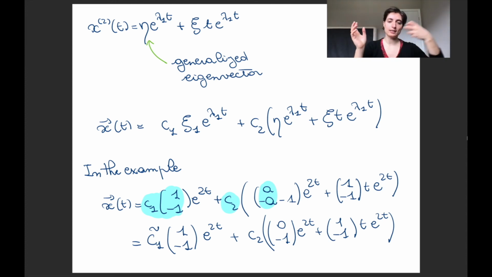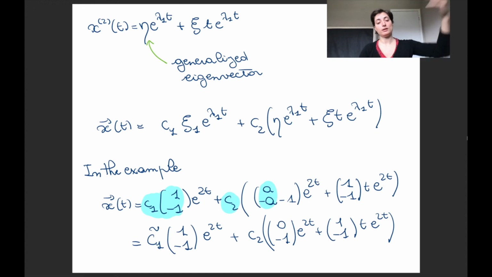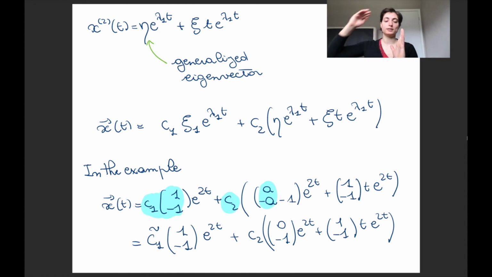We can take that a exponential of 2t away, and now we have something a bit simpler, that is C1 tilde, a new value of C1, multiplied by (1, -1) exponential of 2t, plus C2 multiplied by the block, that is (0, -1) exponential of 2t, plus (1, -1) t exponential of 2t.